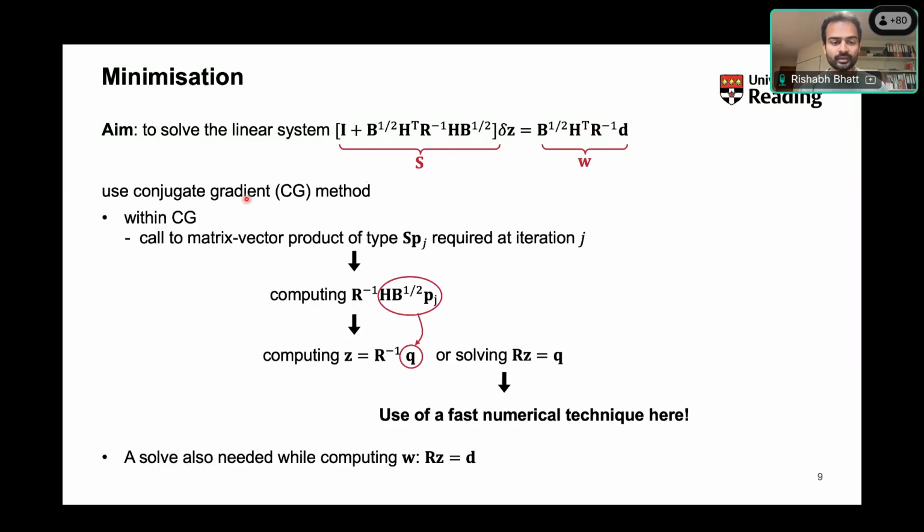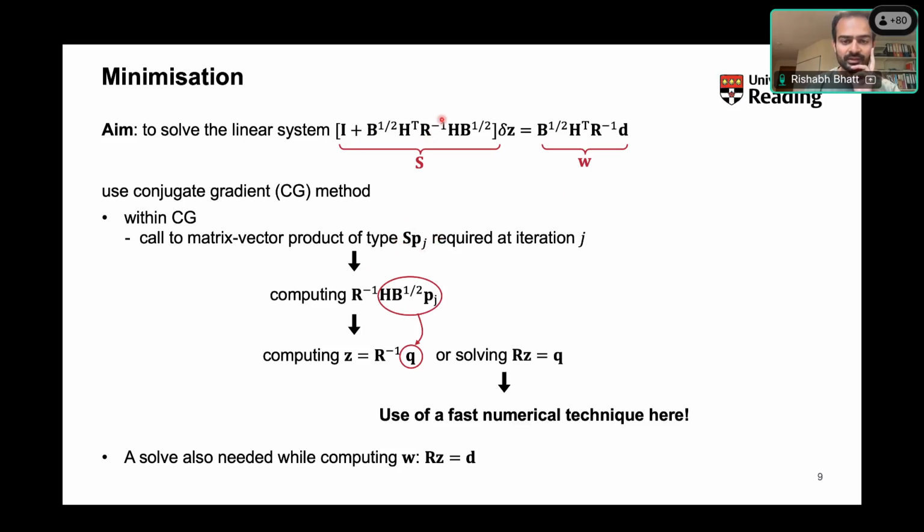And within this conjugate gradient, for every iteration, you have to do a matrix vector product call of the form S times Pj. So Pj is just the conjugate gradient direction which you obtain in each iteration. So you need calls to matrix vector product of this form.